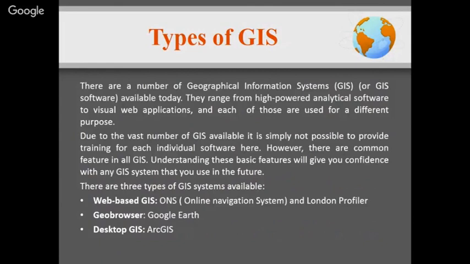However, there are common features in all the GIS software, and we can understand these basic features, which will give you confidence with any GIS system that you use in the future. There are three types of GIS systems available. We have web-based GIS, that means online navigation systems. We have GeoBrowsers, like Google Earth, and we have desktop GIS, for example ArcGIS. Most of us working in universities and different training institutes work on desktop GIS.